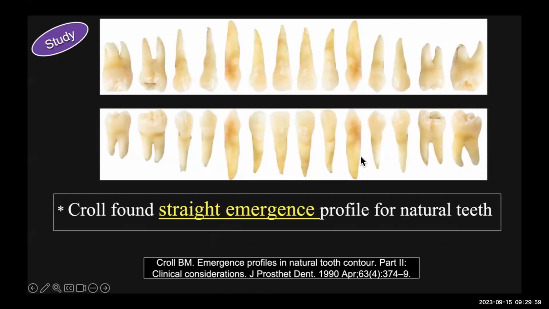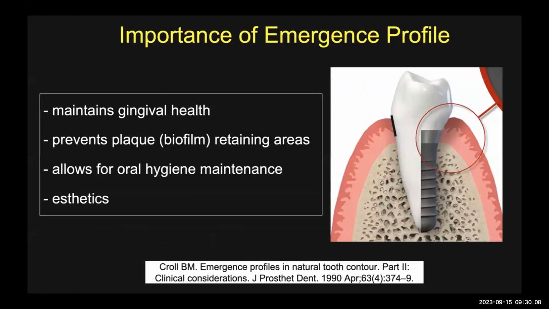So when we look at implants, in probably the early 2000s, we wanted to start making straight emergence profiles with implants. However, that's not easy. But let's first look at why the emergence profile is so important. Well, number one, it maintains the gingival health here.